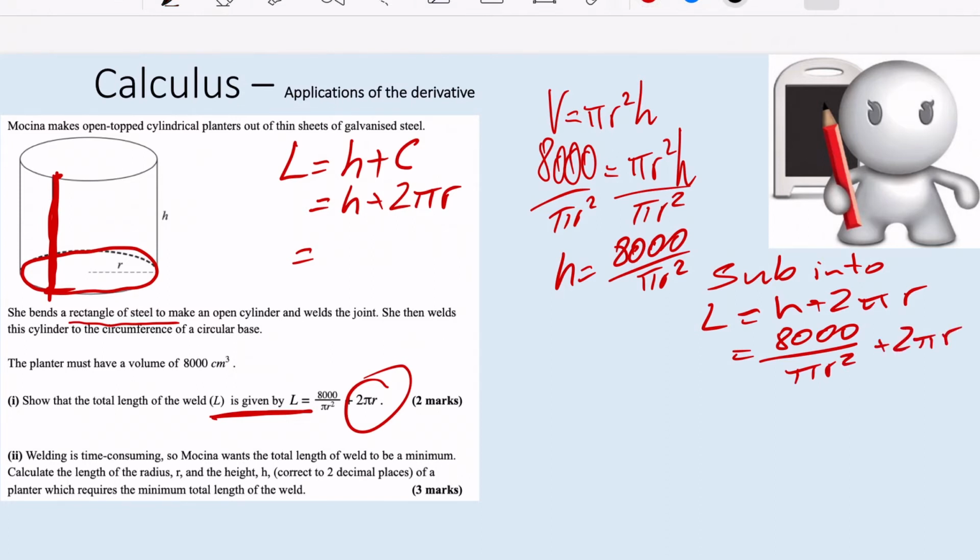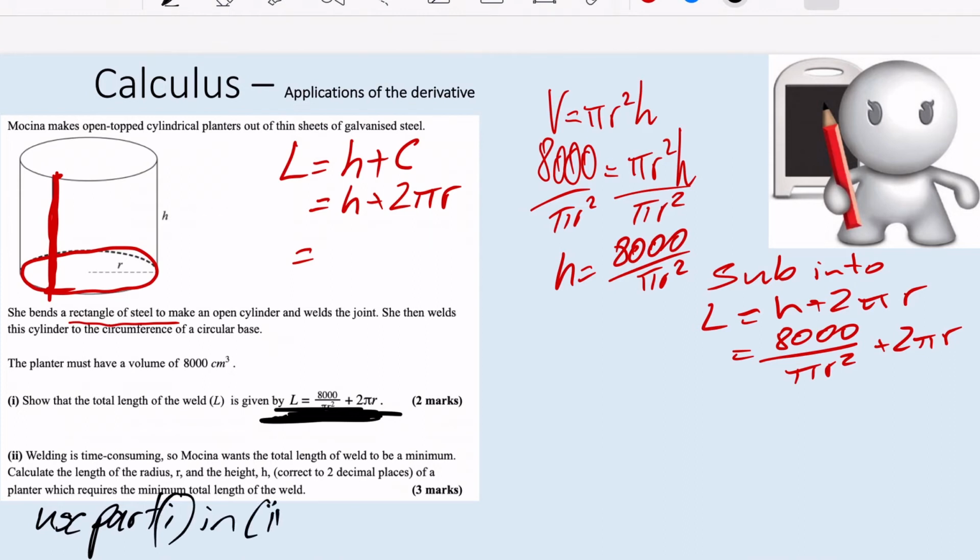Alright, so now the beauty about this question, and this is an exam question, the beauty about this question is that if you were not able to get that, then you use part 1 in part 2. Okay, now that's a good exam question, okay?